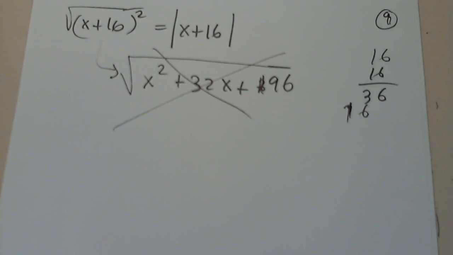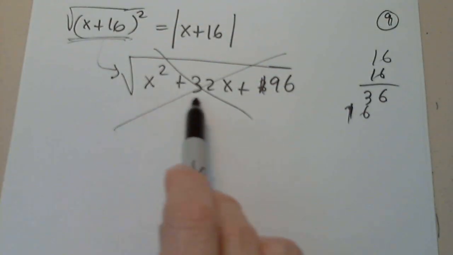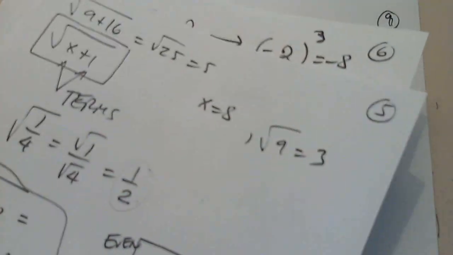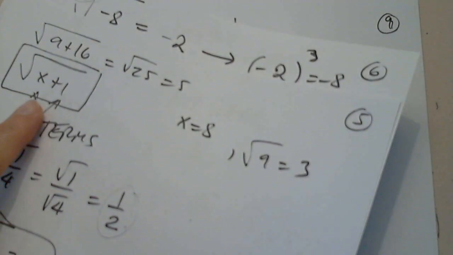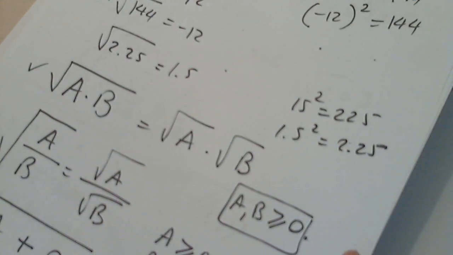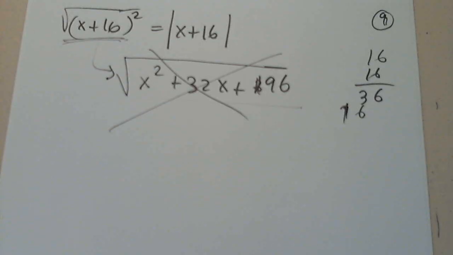I'm stuck forever. I can only simplify if it's factored. I cannot simplify if I have terms. I have no rule for square roots of terms. But if it's a product, I can do something maybe. If it's a ratio, maybe I can do something. But if it's a sum of terms or difference of terms, I'm done. Nothing. I cannot do anything. So therefore, we never expand.